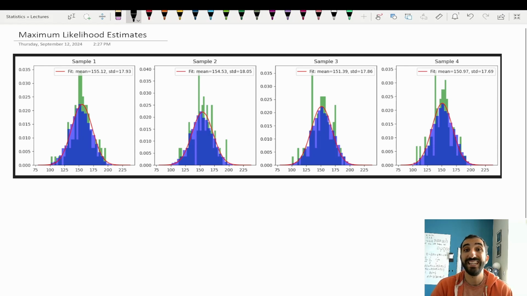So you can see, even as the green samples are wild and all over the place, our maximum likelihood estimate fits the blue data incredibly well. So let's get into how this works, and then we'll come back and I'll show you how you can generate and fit probability distributions to data using maximum likelihood estimate in Python.